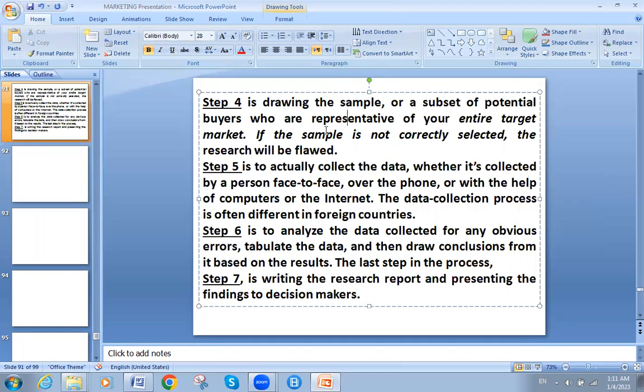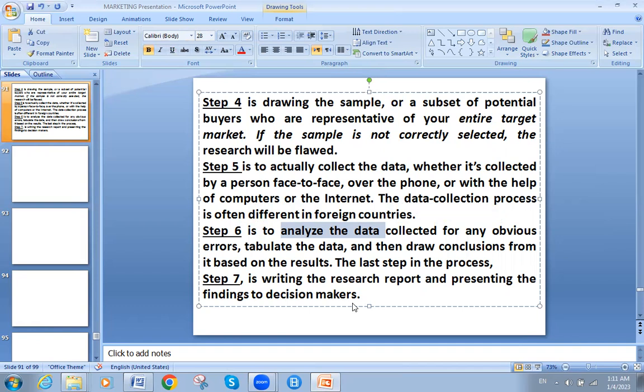Step 5 is to actually collect the data, whether it's collected by a person face-to-face, or by phone or whatever. And we had 2 ways to get the data like we had before: primary data and secondary data. Please don't forget it. Step 6 is to analyze the data. As an example, 75% of the sample said yes.